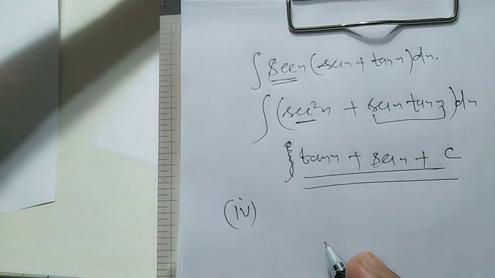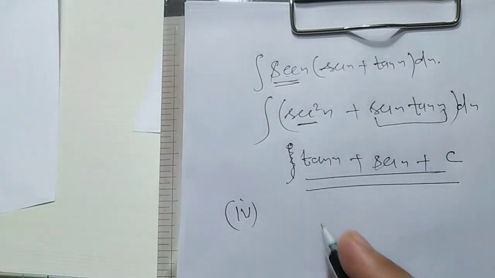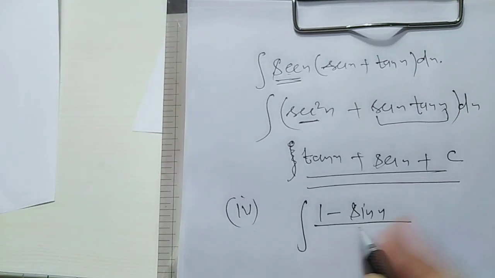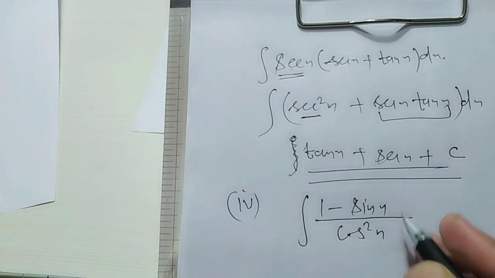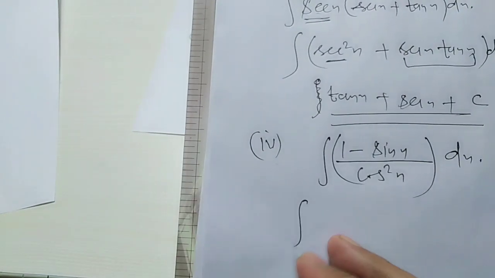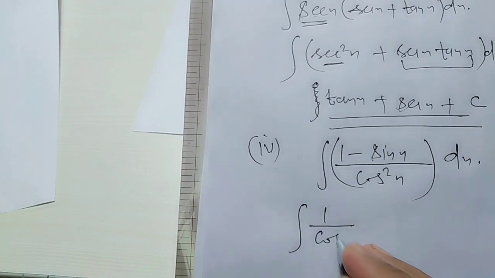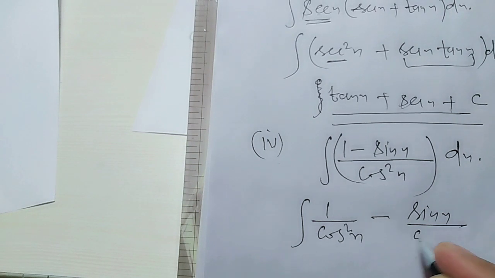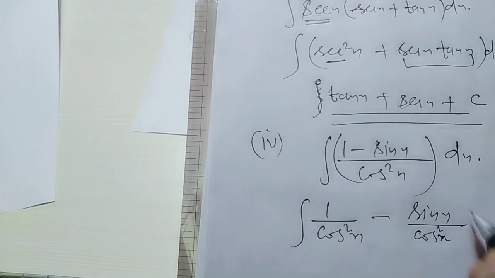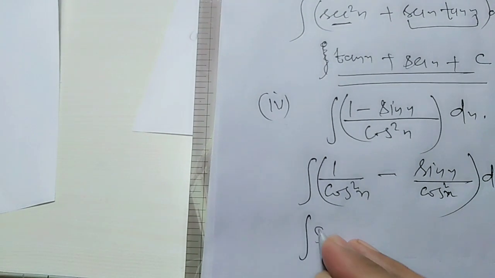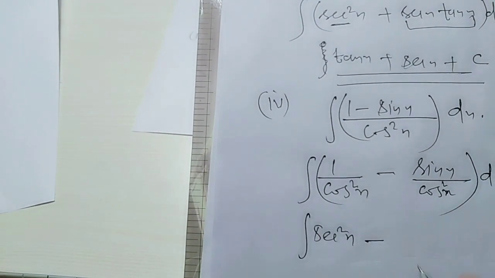Now part fourth. In part fourth, we have to integrate 1 minus sin x upon cos square x. First of all we will distribute it like 1 upon cos square x minus sin x upon cos square x. Now you know 1 upon cos square x can be written as sec square x.